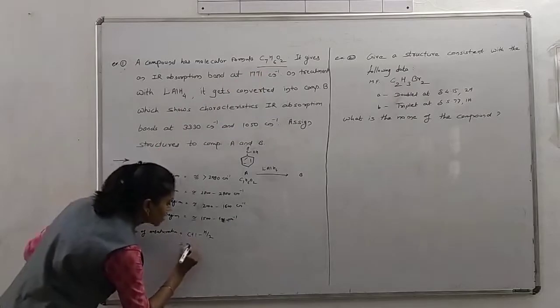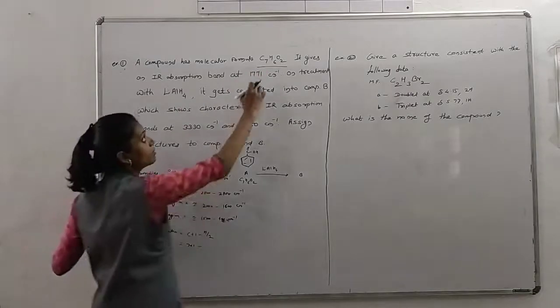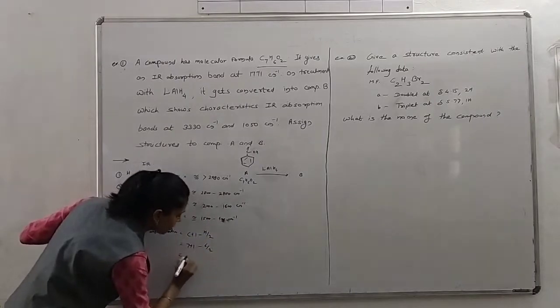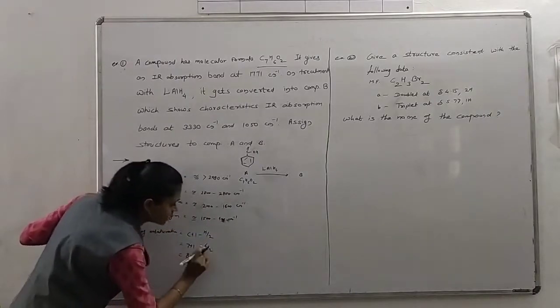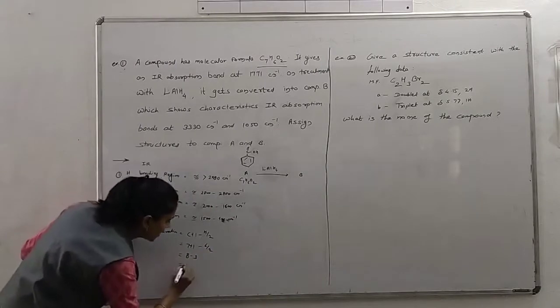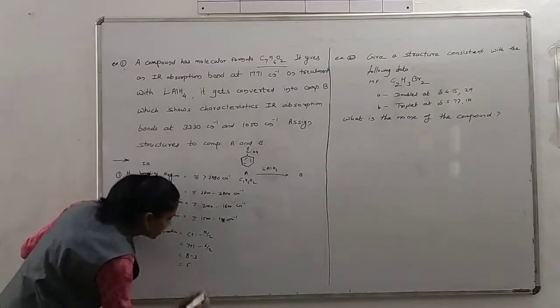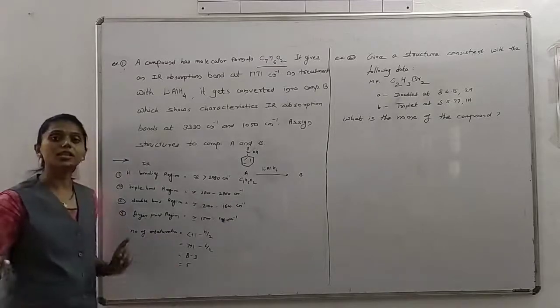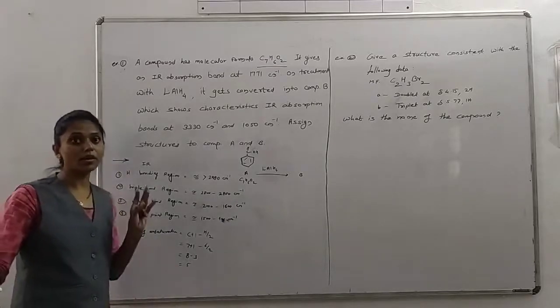So 7 plus 1 minus how many protons? 6 protons, 6/2 is 3. So 8 minus 3 is 5. How many unsaturations? 5 unsaturations. And unsaturation is for a double bond or ring.